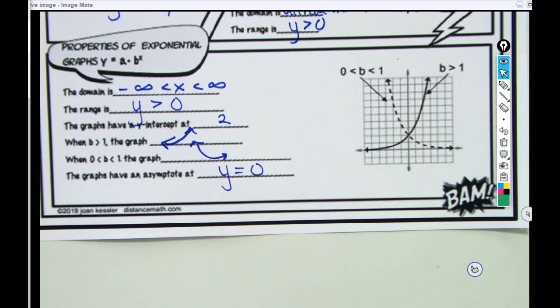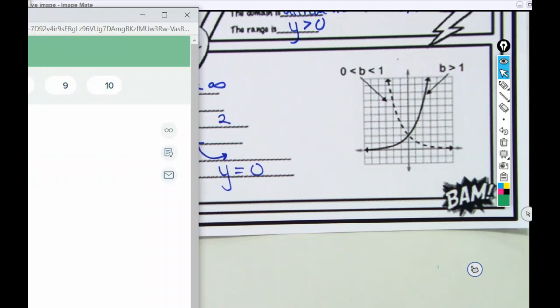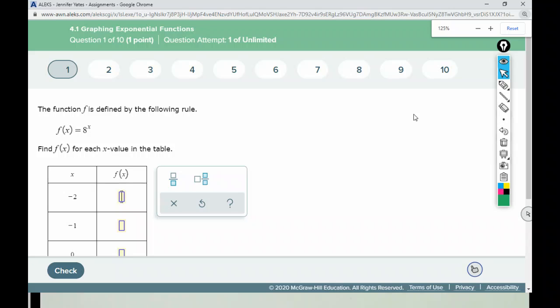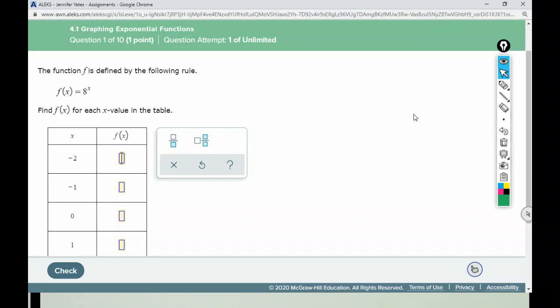Now, I do want to show you a couple of your Alex problems because they present it in a little bit of a different way. So let's just make sure we've got it. These first problems, all it wants you to do is create the table. If you find that you're not getting the right answer on these, that means you're not putting it in your calculator correctly.